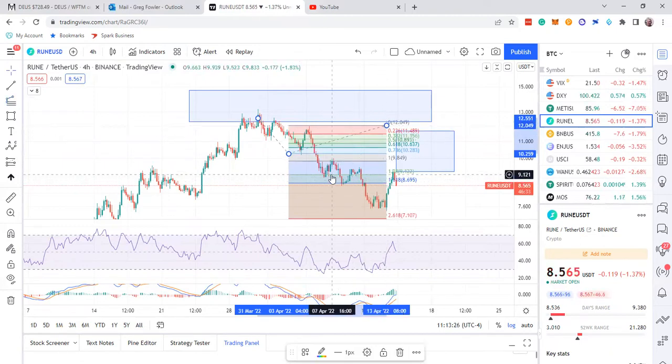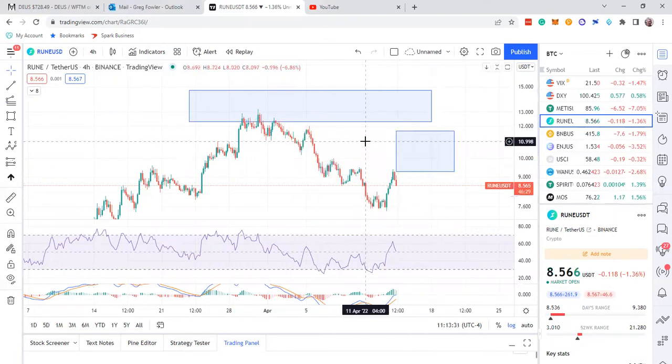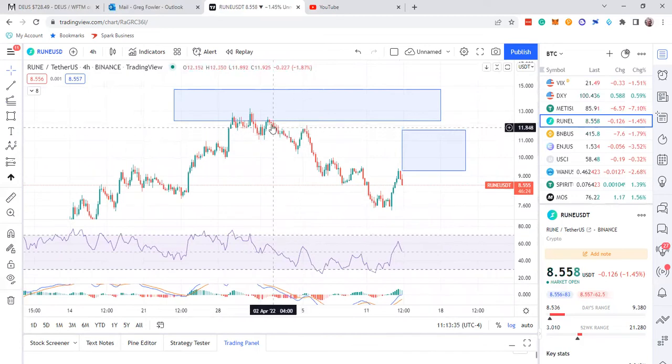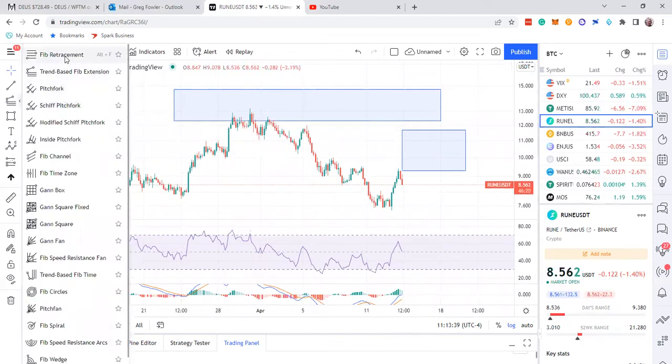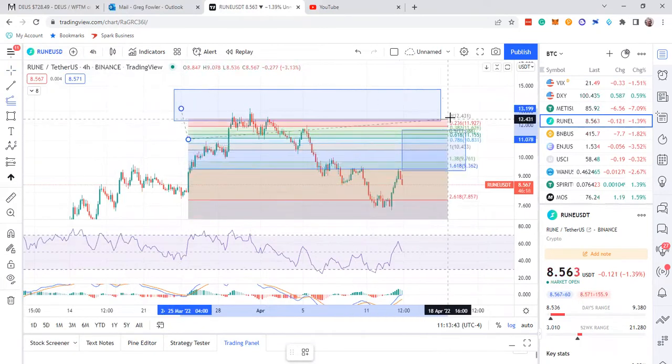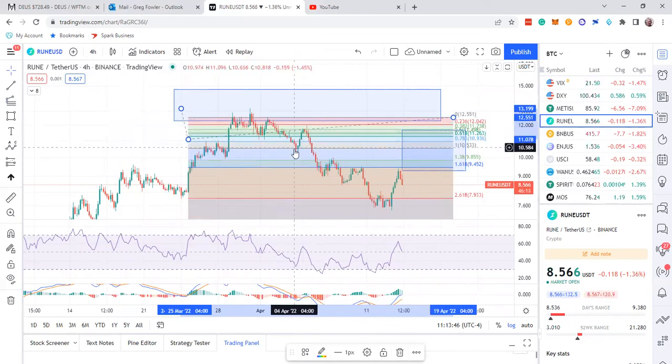It hit 1.38, so that's unusual. Out of this wave, that could be a third wave. Let's check that fib. Yeah, you see, guys, from this wave 1, if you count this 1, 2, 3, this is not normal.